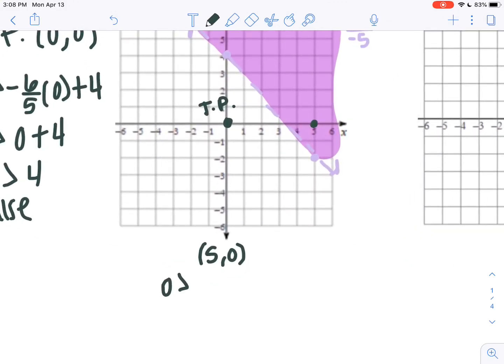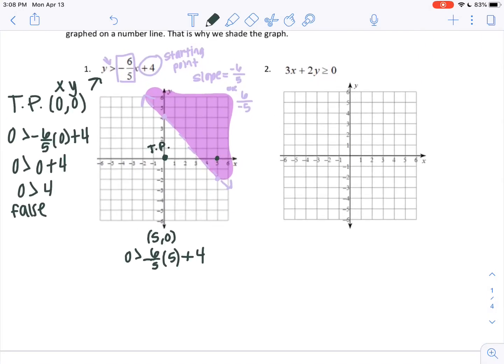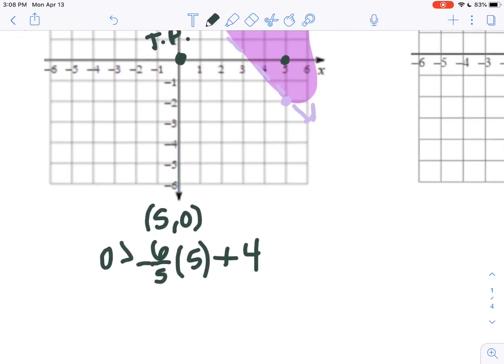So 0 greater than negative 6/5 times 5 plus 4. So I get 0 is greater than, these cancel, negative 6 plus 4.